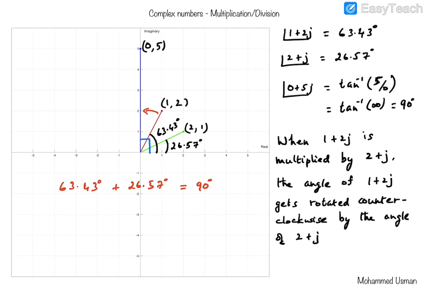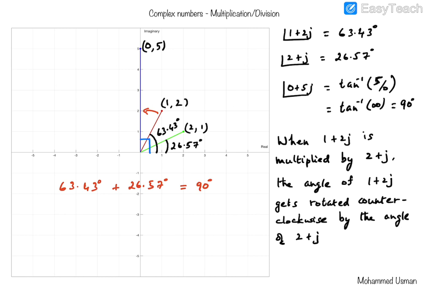So we see that as a result of multiplying a complex number with another complex number, the first complex number gets rotated counterclockwise by an angle that is equal to the angle that the second complex number makes with the positive real axis.